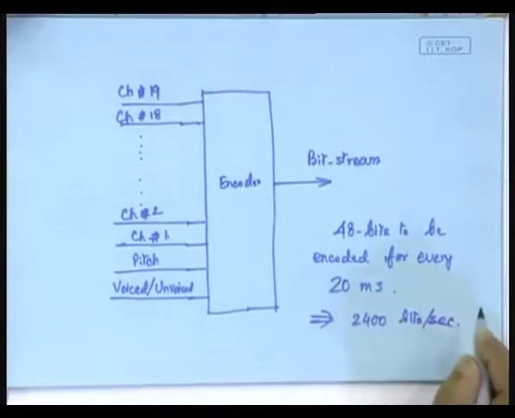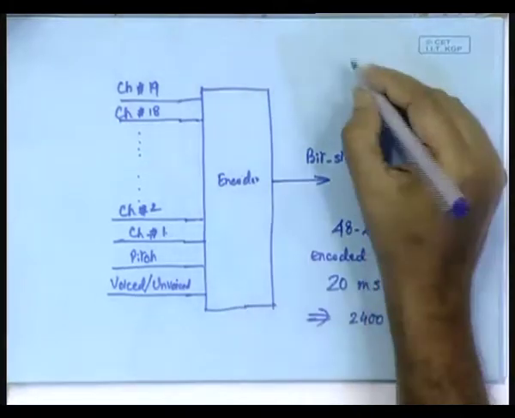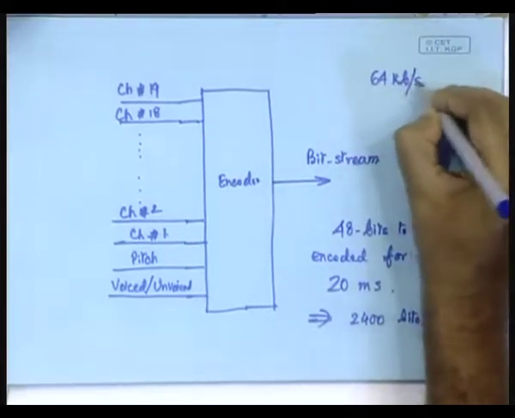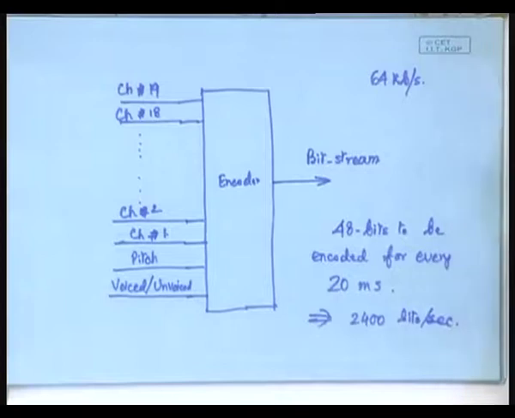Just try to compare this with the pulse code modulation technique, which I had told is 64 kilobits per second. And why 64 kilobits per second? Because 3.4 kilohertz being the speech signal bandwidth, we decided to sample it at 8 kilohertz and represent 8 bits for each of the samples. So, that gives rise to 64 kilobits per second. As against that, we have got only 2400 bits per second.